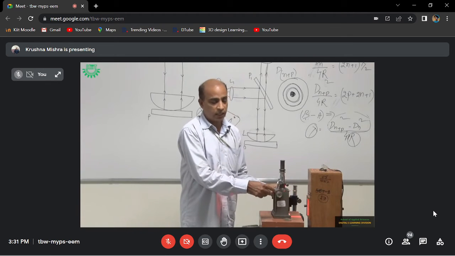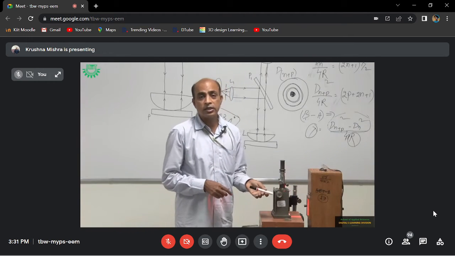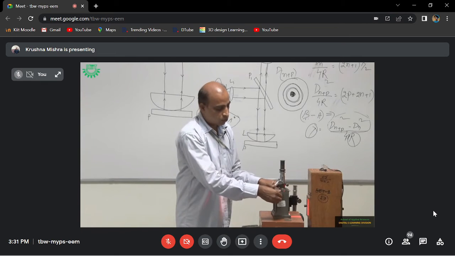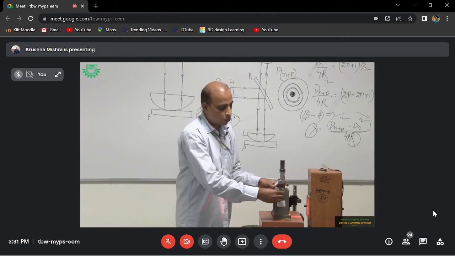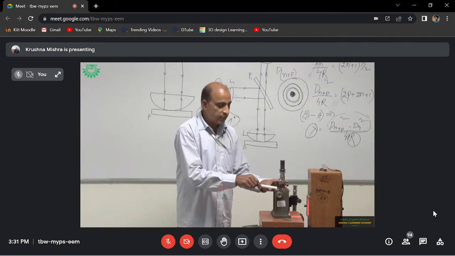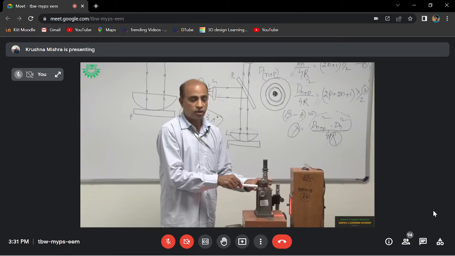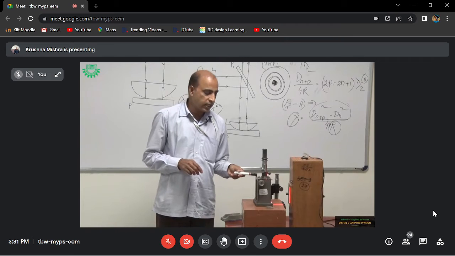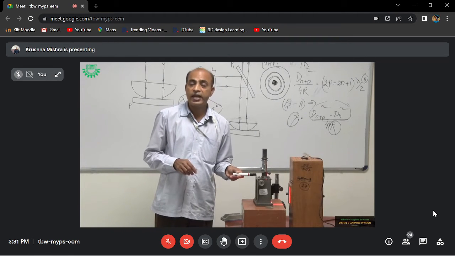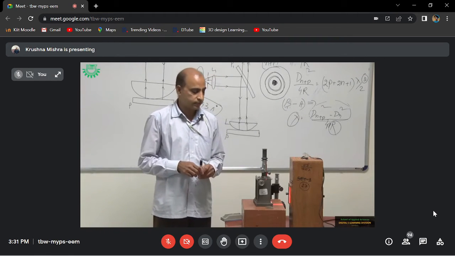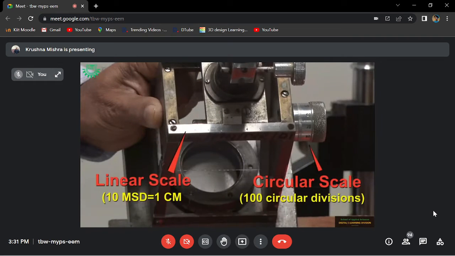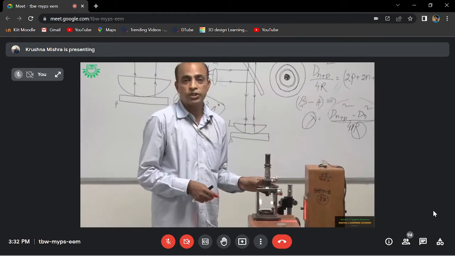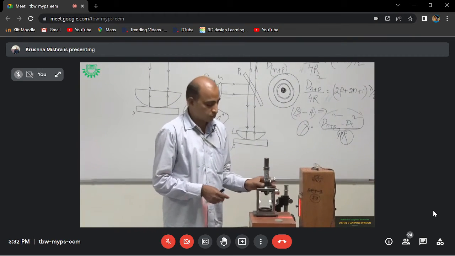There is a circular scale having 100 divisions, and it can rotate anti-clockwise and clockwise. There is also a linear scale fixed on the travelling microscope, having 10 divisions in 1 centimeter. It works on the principle of a screw, just like a screw gauge.